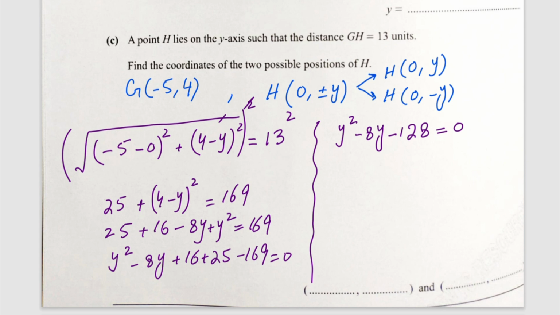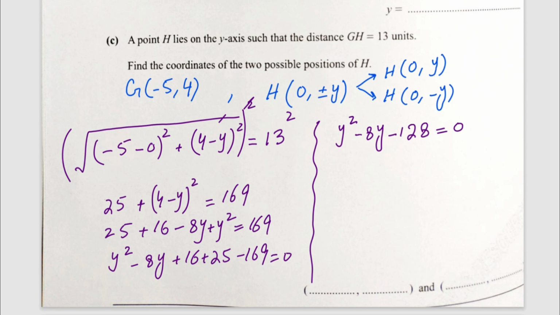So can we solve this by using the middle term breaking? In order to solve this, we will break minus 8y in such a way that if we add, this is minus 8y, and if we multiply, this is minus 128.